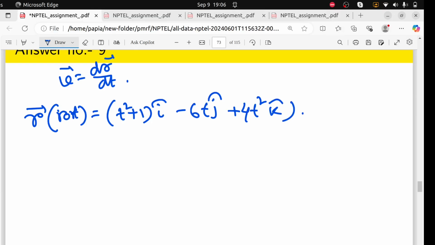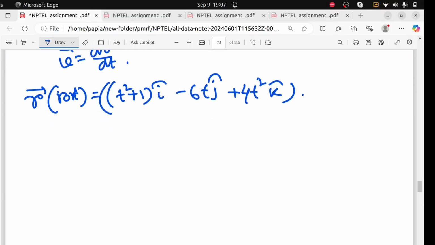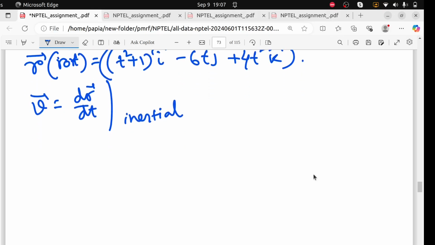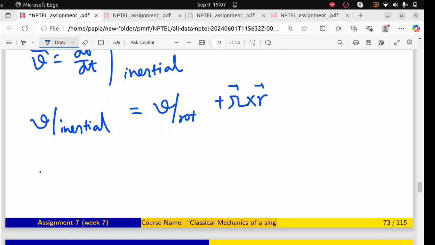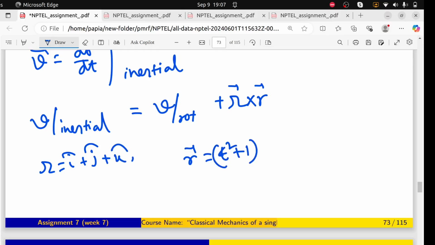Now we need V in inertial frame. So for that case, our V inertial will be V rotational plus omega cross r, and omega is given as this, r is given as this.